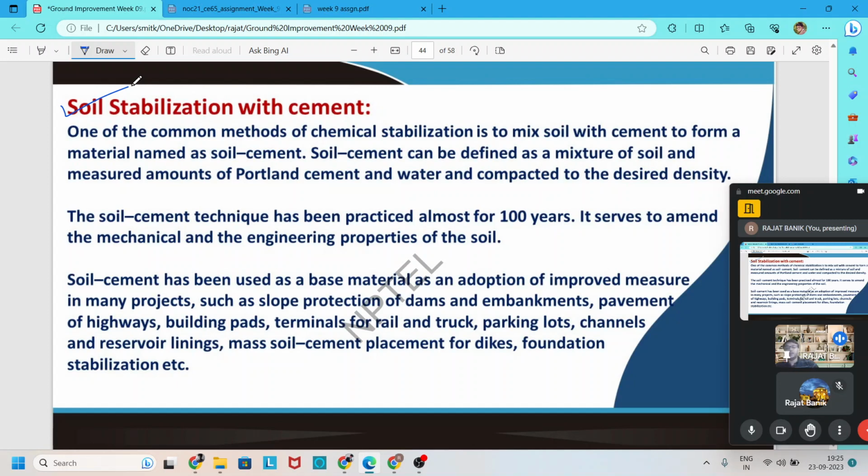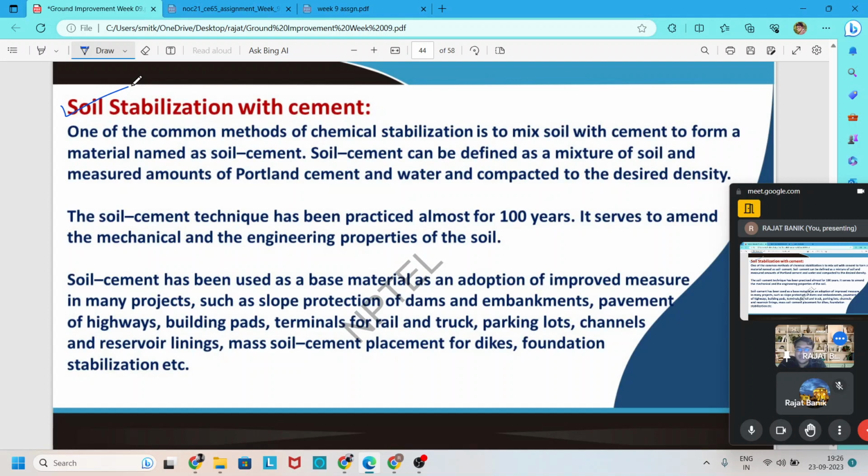Soil cement has been used as a base material and an improvement measure in many projects, such as slope protection of dams and embankments, pavement of highways, building pads, terminals of rail and tracks, parking lots, channel and reservoir lining, mass soil placement for dikes, and foundation stabilization.